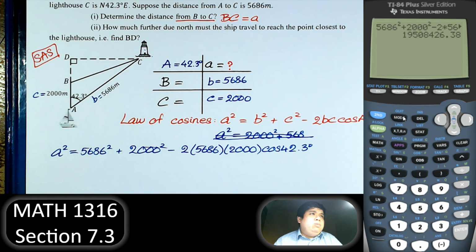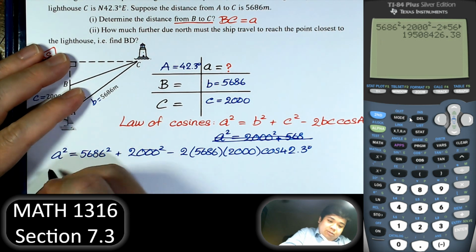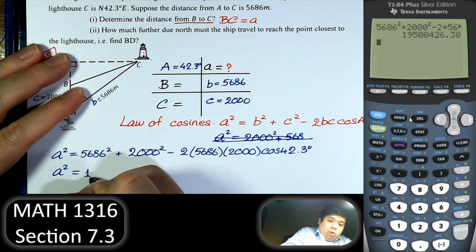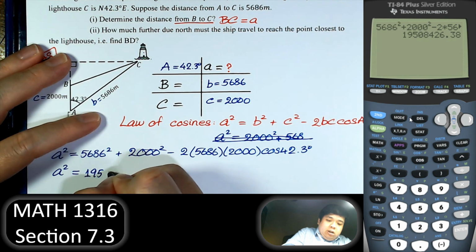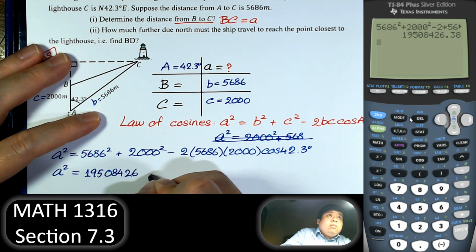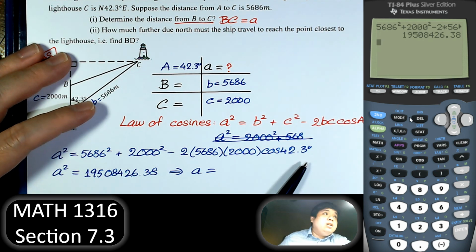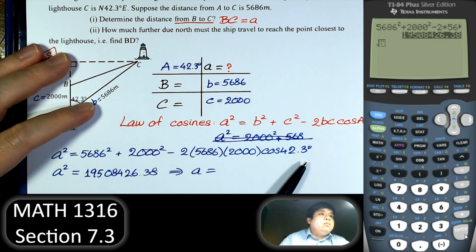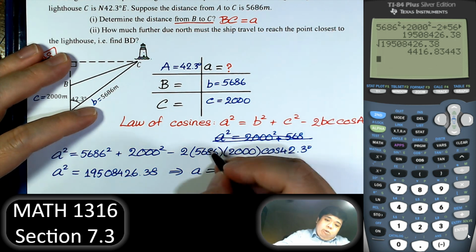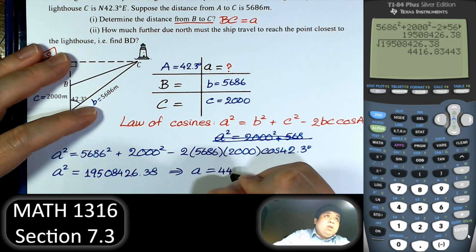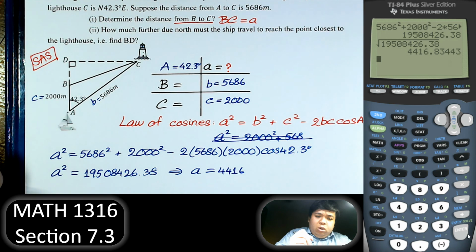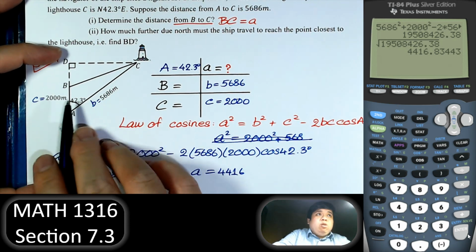Is that in degree mode? It is. So it will be that number, 19,508,426.38. Taking the square root of that, we have 4416, which is reasonable, comparable to this number.